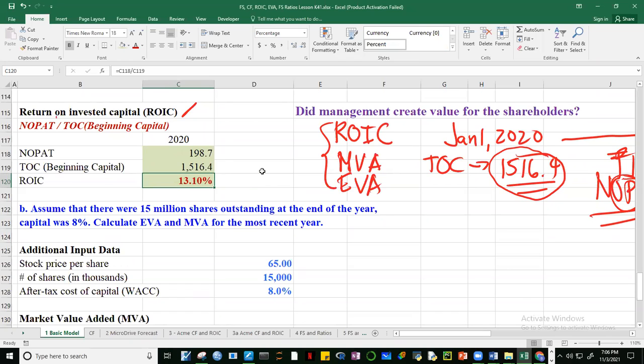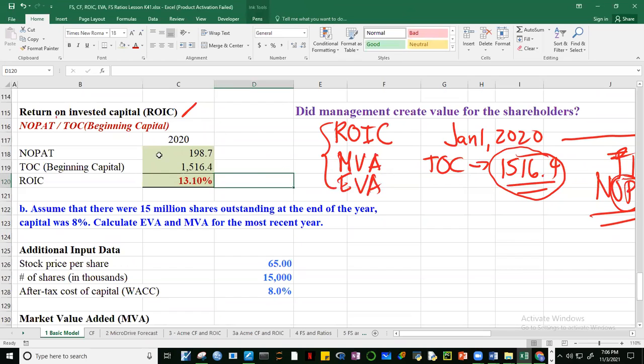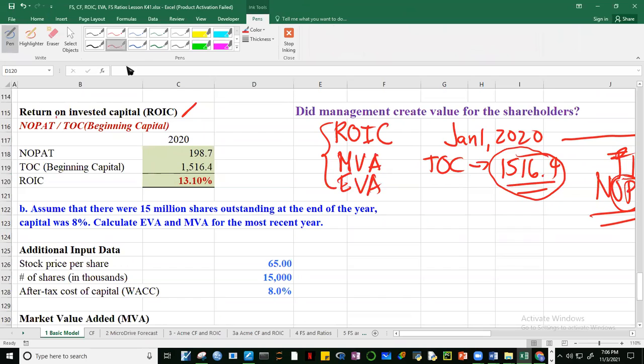So how do we now answer this? The answer is that this has to be compared with, remember guys, our WACC. And we're told that in line 128, our WACC is 8%.